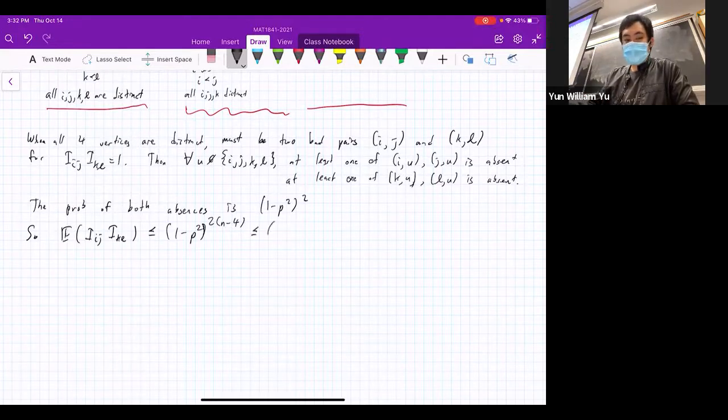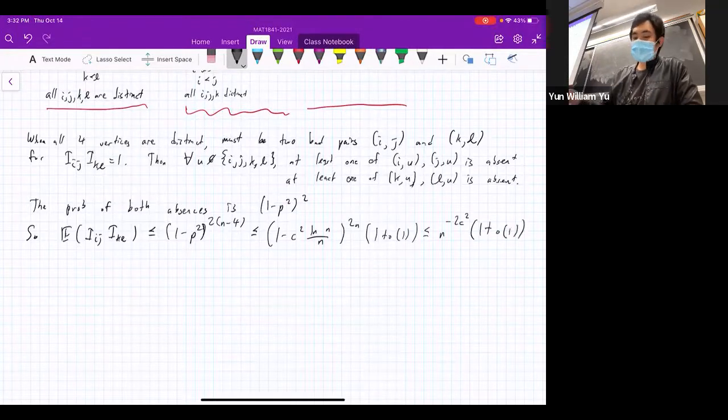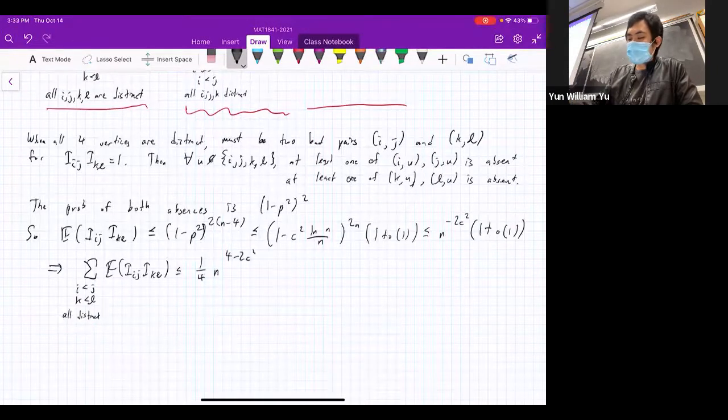And so this entire thing is less than or equal to (1 minus c squared ln n over n) to the 2n times something that's 1 plus the little o of 1, which is less than or equal to n to the minus 2c squared times 1 plus the little o of 1, which then implies that the summation over i, j, k, l, i less than j, k less than l, all distinct, of this expectation is less than or equal to 1/4 n to the 4 minus 2c squared times 1 plus the little o of 1.